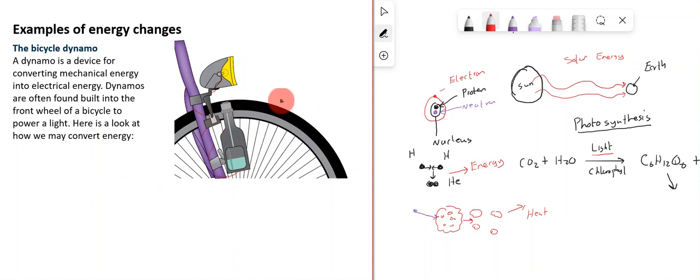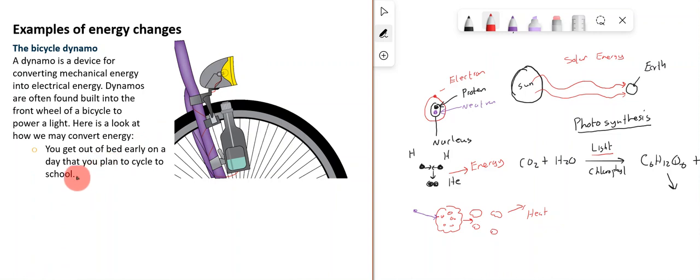It takes this mechanical energy from the wheel of the bike moving around, and through the process inside the dynamo, it changes that energy into electrical energy. That electrical energy goes up through the bulb, and it causes the bulb to get really hot and it changes the electrical energy into light energy.